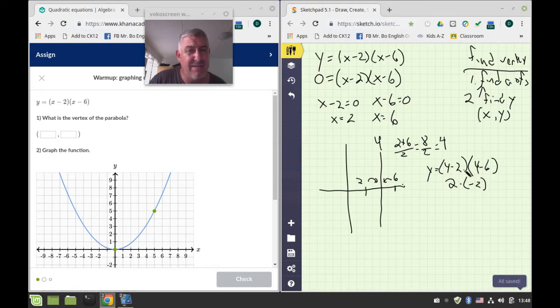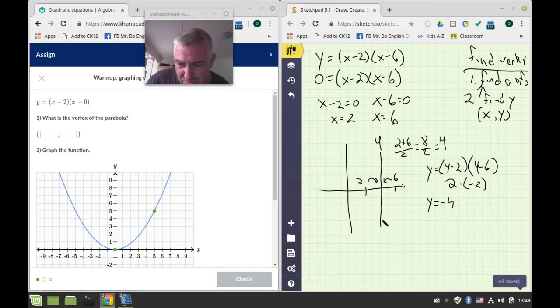That's interesting. Last time it was -3 and 3. This time it's 2 and -2. I think I see something we should watch out for, a way for us to check ourselves. So y is equal to -4.